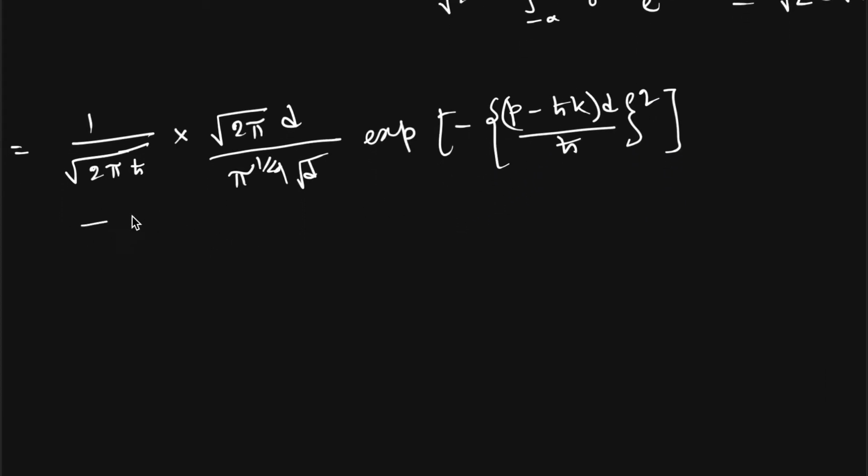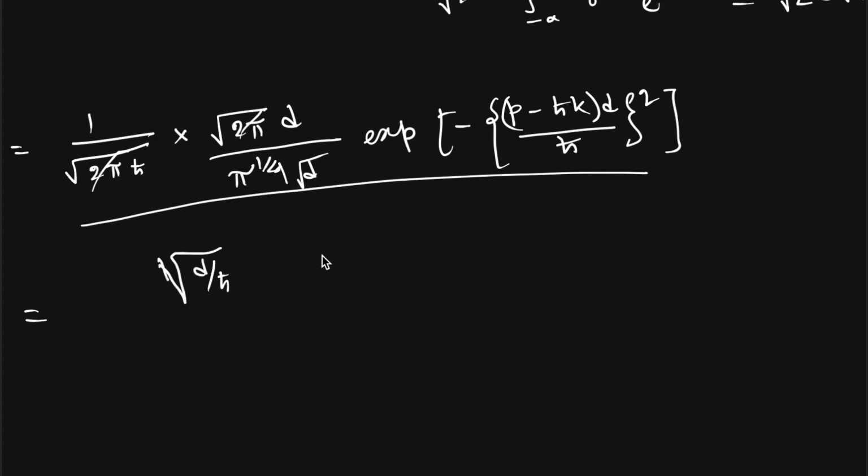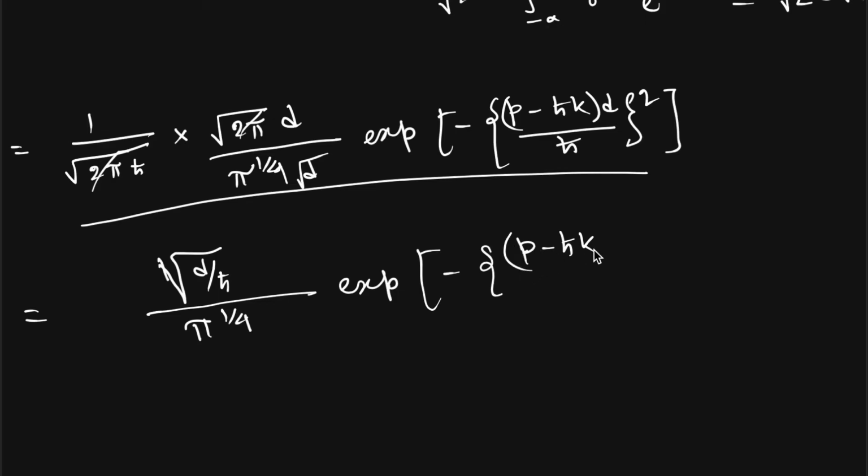So now this is the momentum representation of the wave packet. So we can further simplify this. This is root d by ħ π to the power 1/4, exponential minus (p minus ħ k) d by ħ whole square.